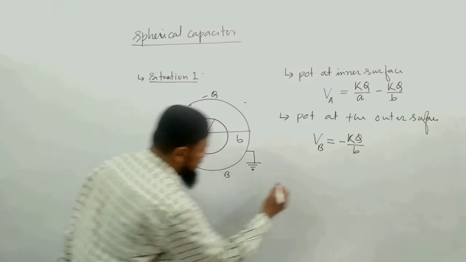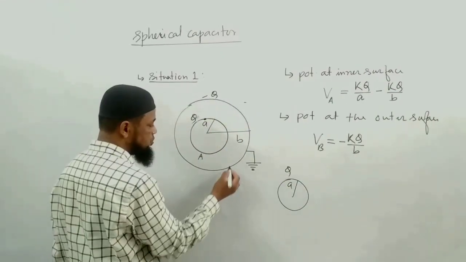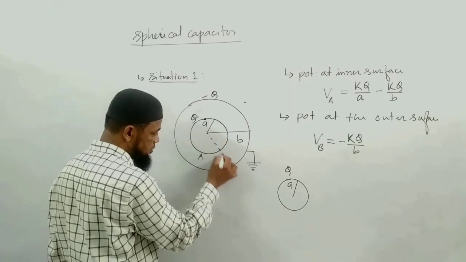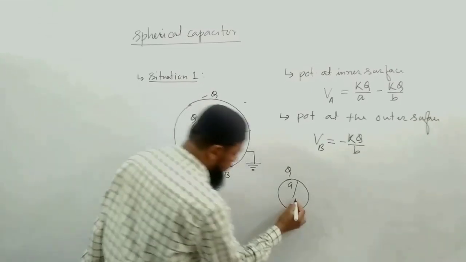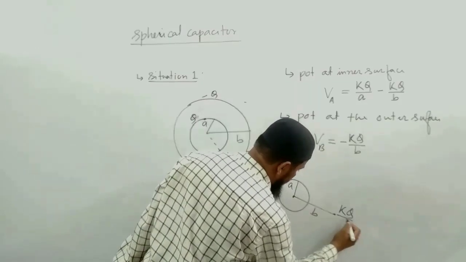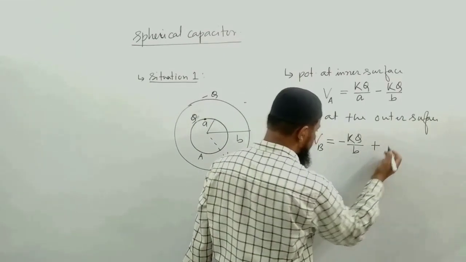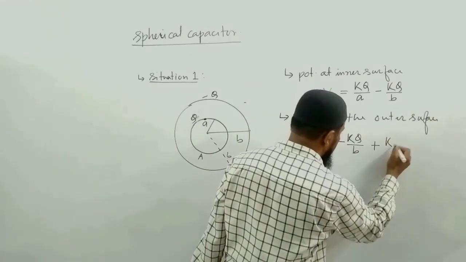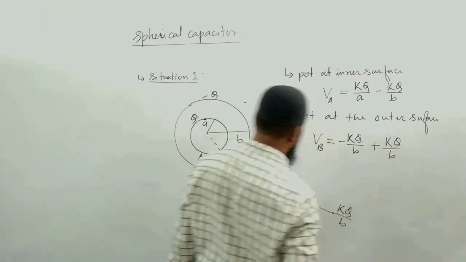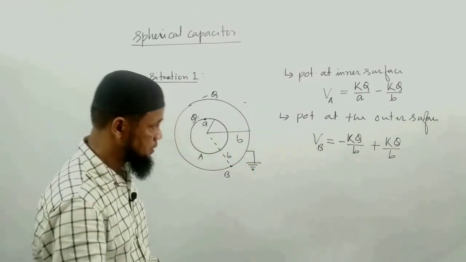The charge on the inner sphere is Q and its radius is A, and we have to find the potential on the outer surface, where the distance is B. So because of the charge at a distance B, the potential will become KQ by B. This is the potential at the outer surface.